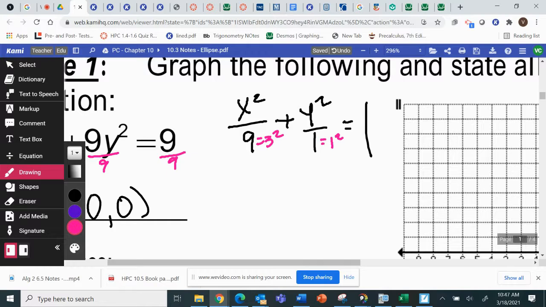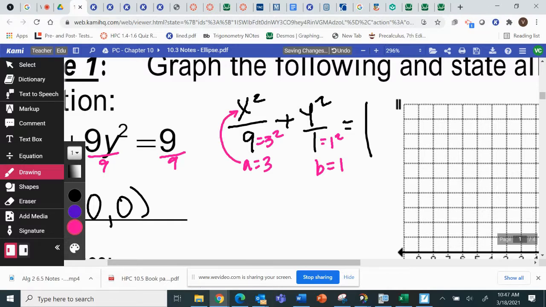Which one's bigger? A is the bigger one. Which one is a? The 3? 3 squared. 3 is the a. A would be 3. So that means b would be 1. So a is bigger. It comes first alphabetically. That is the one that determines our major vertices. So what I now have to do is say, what is the bigger number under?